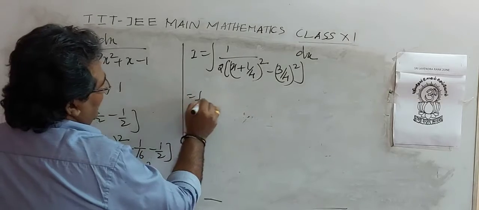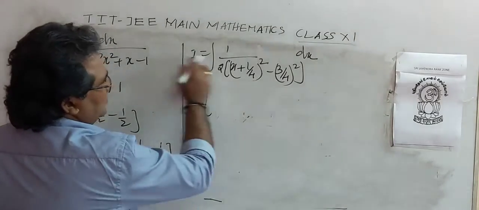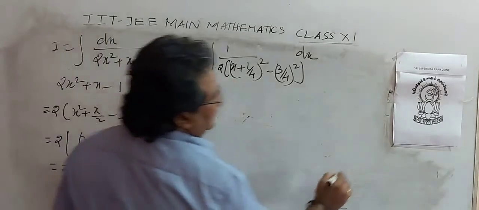You take 1 by 2, x squared minus a squared.